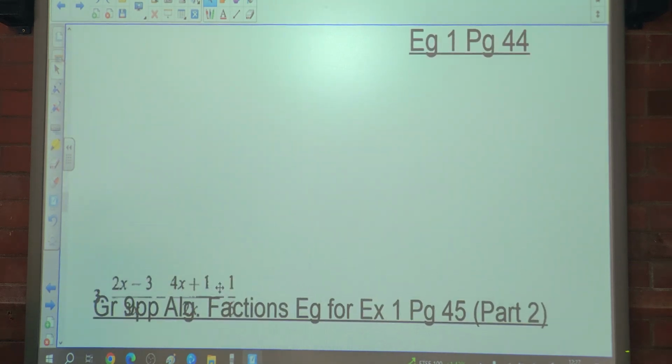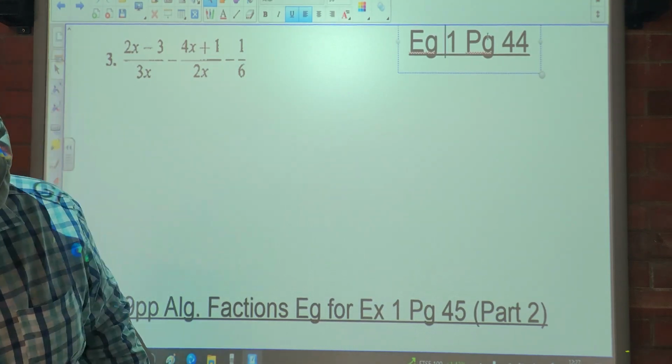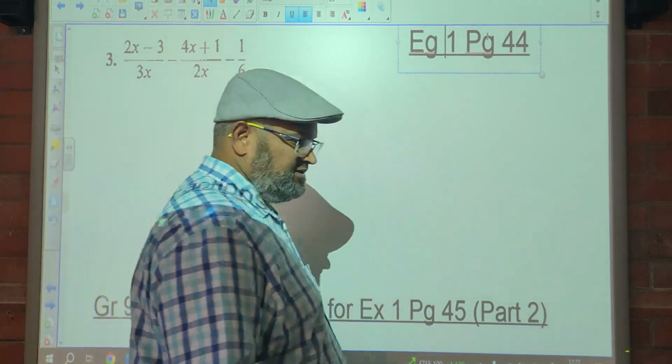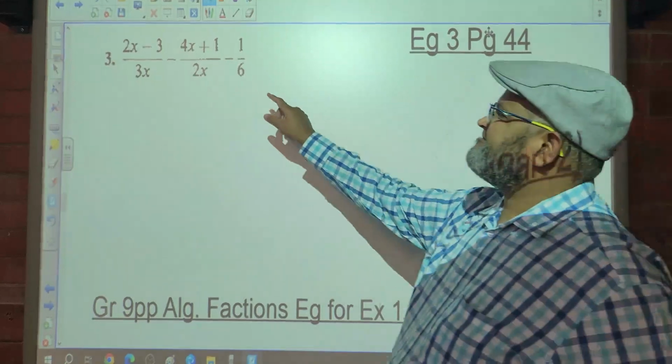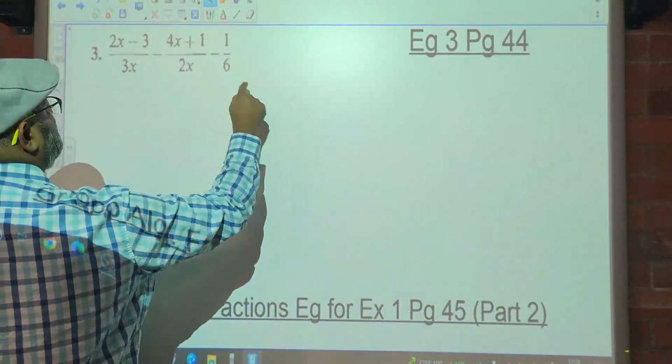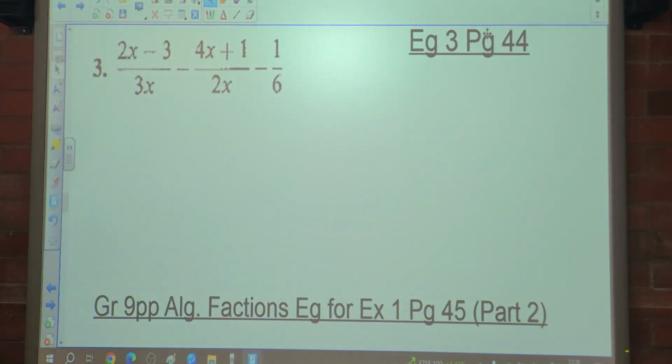Looking at example 3. Write that sum down quickly. So we've got 2x minus 3 over 3x minus 4x plus 1 over 2x minus 1 over 6.